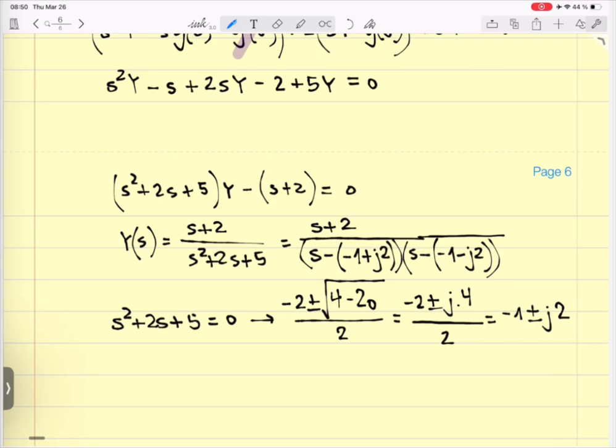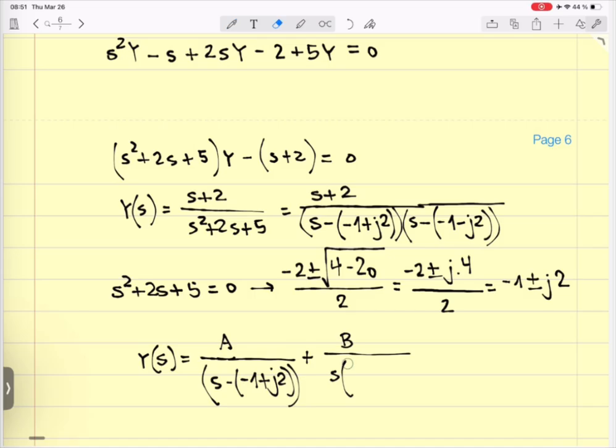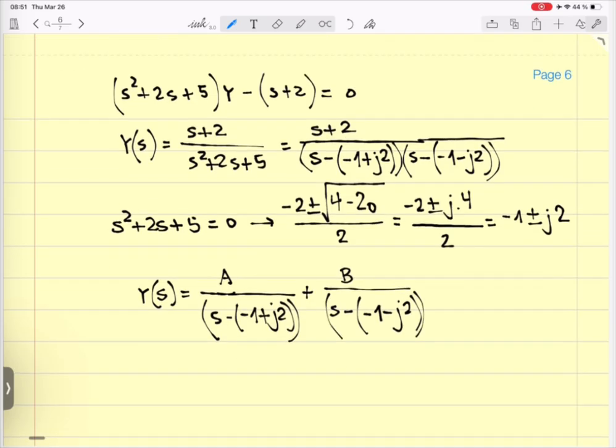So if we say I of s equals a divided by s minus 1 plus j times 2 plus b divided by s minus 1 minus j times 2, we get the following behavior: s plus 2 equals a multiplying s minus 1 minus j times 2 plus b multiplying s minus 1 plus j times 2.